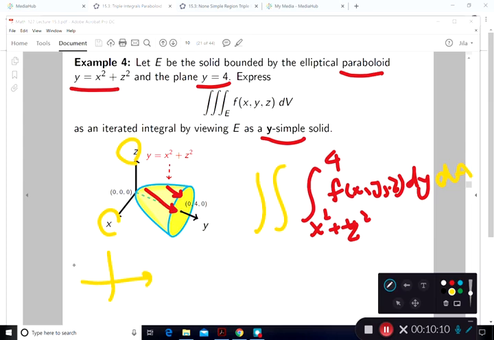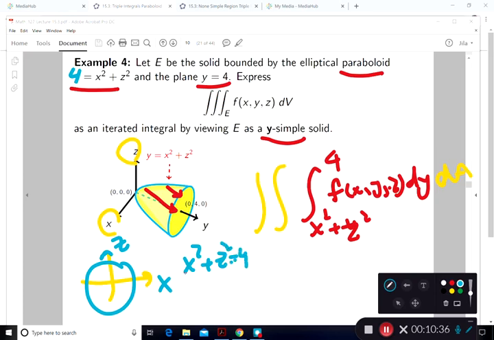So I set it up that way, and I get x and z over a circle. What circle is that? Let's see. The plane y equals 4 is intersecting this, so I have to put 4 in here, and it gives me x squared plus z squared equal to 4.